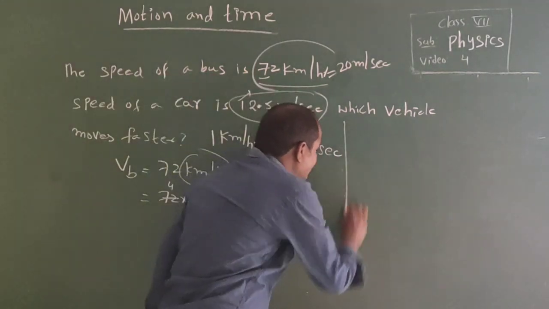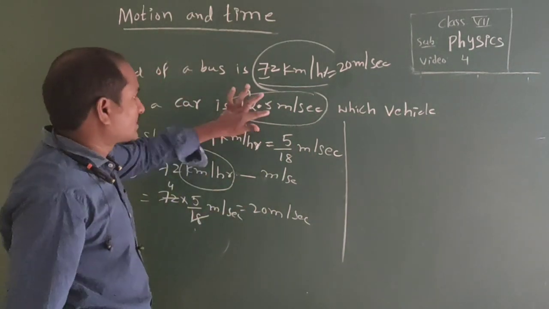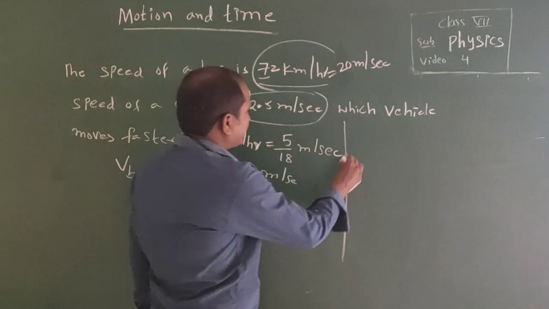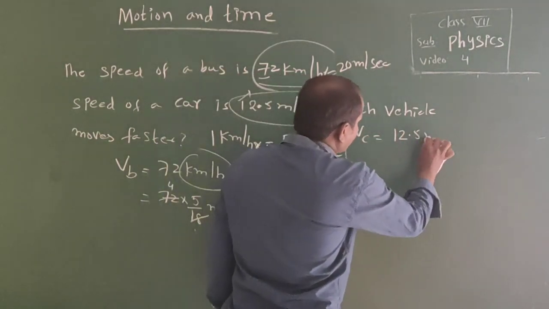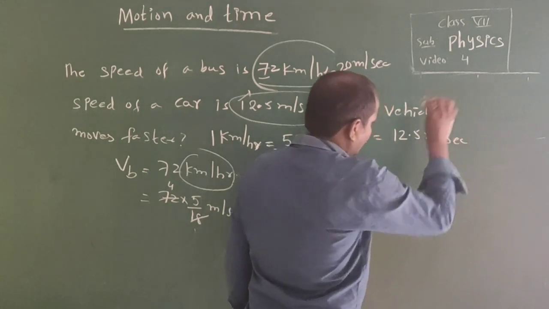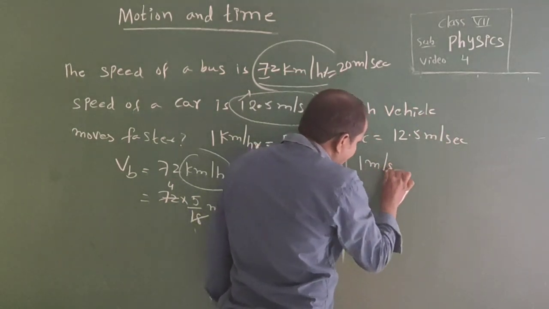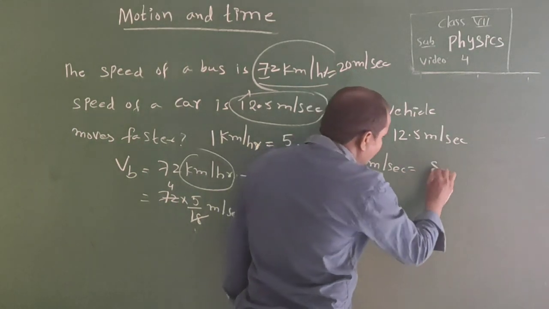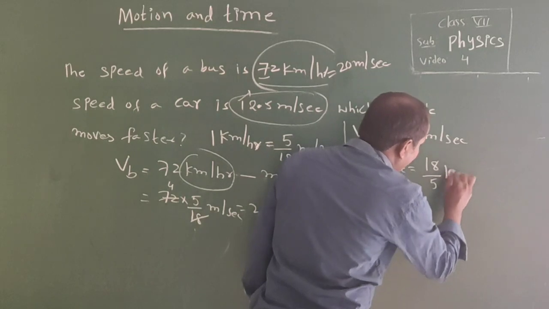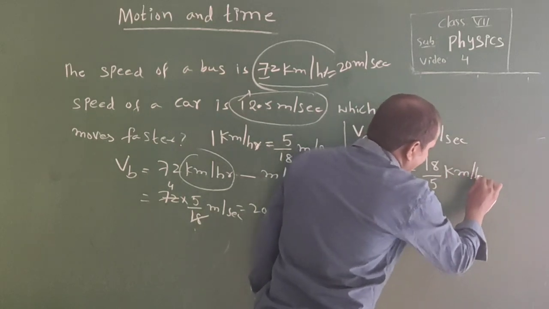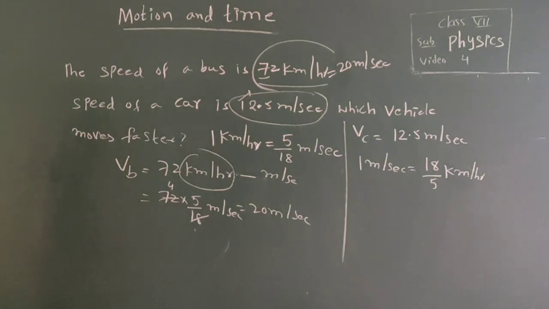Now listen, second method. Now I am going to change the speed of the car into kilometer per hour. Speed of the car VC equals 12.5 meter per second, as given. We know that 1 meter per second is equal to 18 by 5 kilometer per hour.